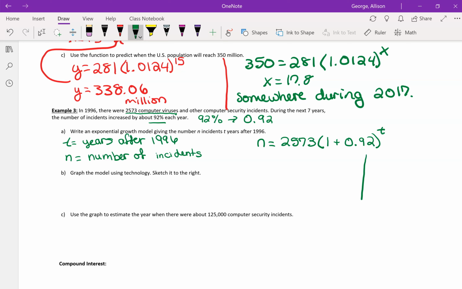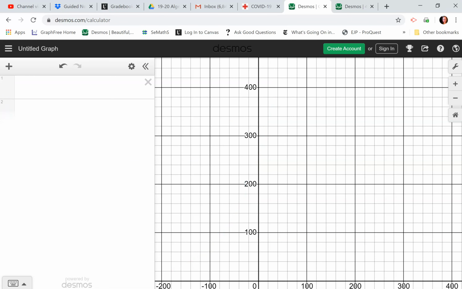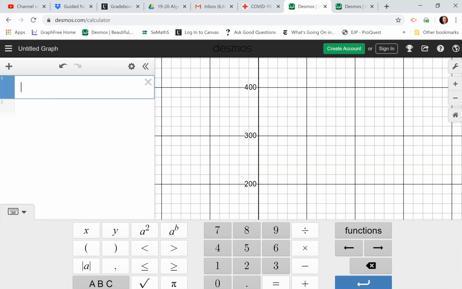All right, so the next one, they're asking us to sketch it. When we say sketch, remember, that's not perfect. That's just getting the rough idea of what that would look like. All right, so we have 2,573 times 1.92, I'm just going to go ahead and do the addition there, and then to the power of x.